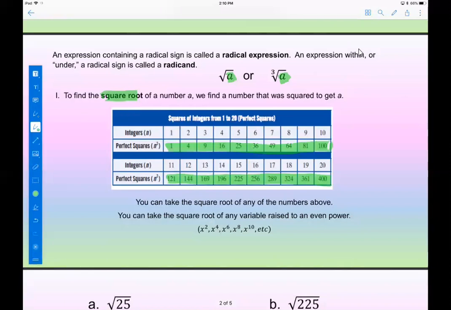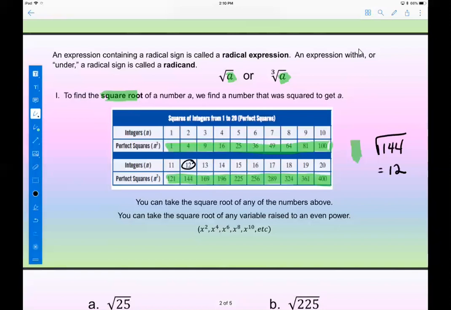You can take the square root of any number above. For example, if I had the square root of 144, then my answer will be 12, because 12 is what we squared to get that radicand.